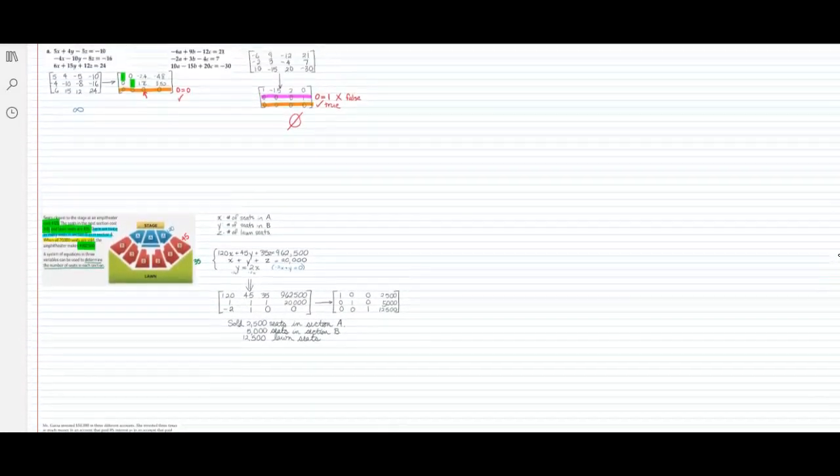We will do a lot of these other examples in class, but this just gives you enough information to get you started on solving 3 variable systems.